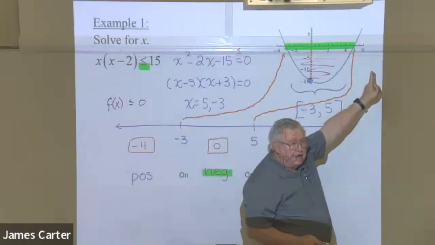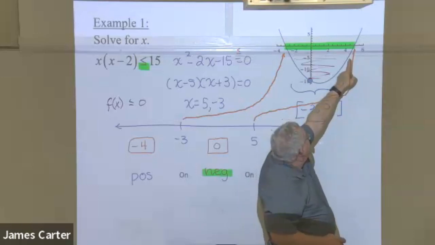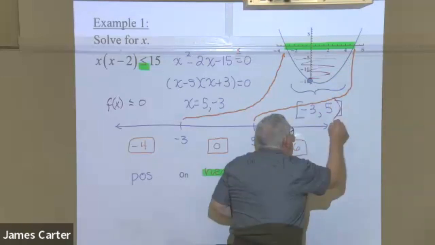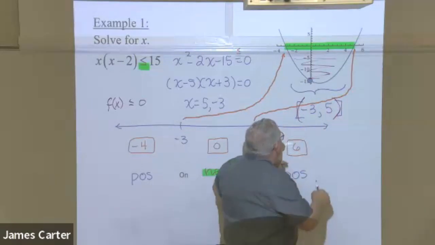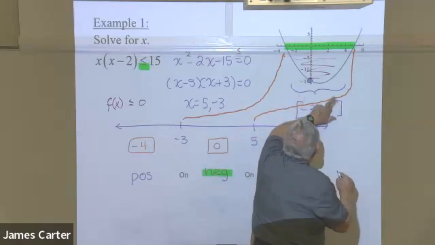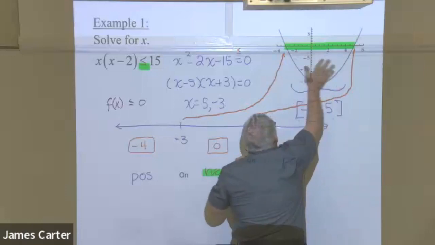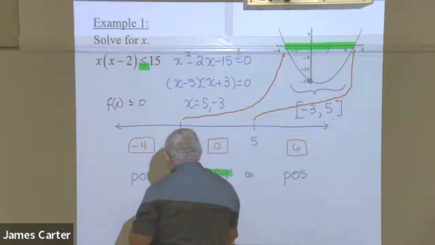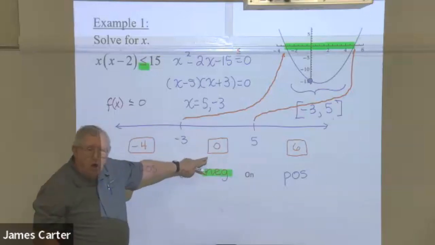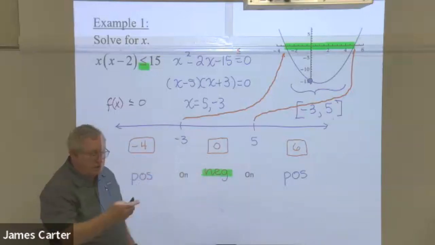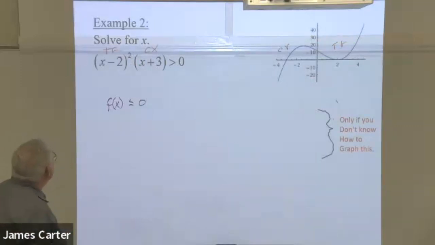Now, if you didn't have the "or equal" under it, then these would be parentheses. So, that's what we're looking at on this. Do you need to do this stuff? No, you do not. Okay? Let's look at this one.